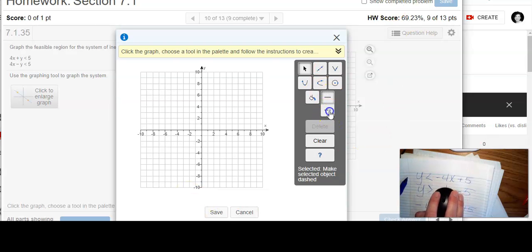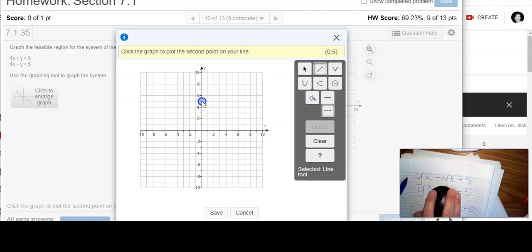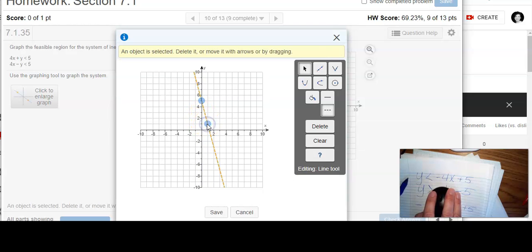These are both dotted lines. My slope is negative 4 over 1, so I drop down 4 over 1. If I were shading, I would shade on this side because y is smaller on this side of the line.